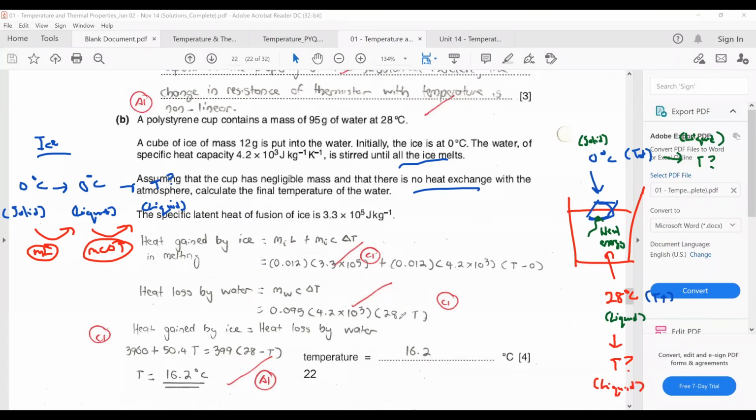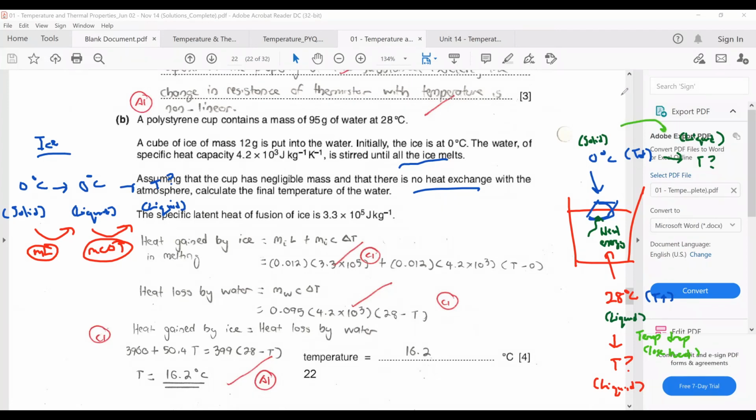So this one here will be 28 minus T. This one is temperature drop because you lose heat.